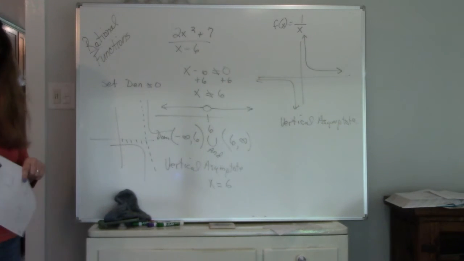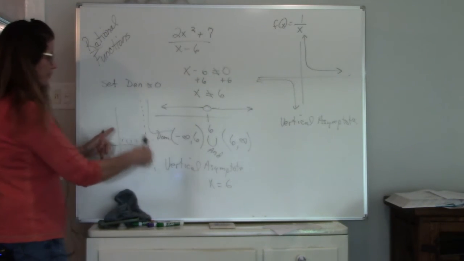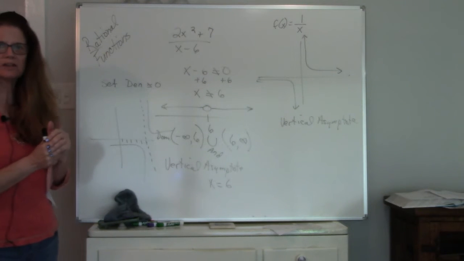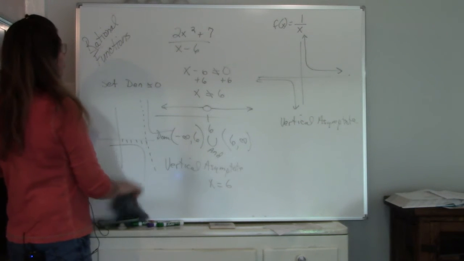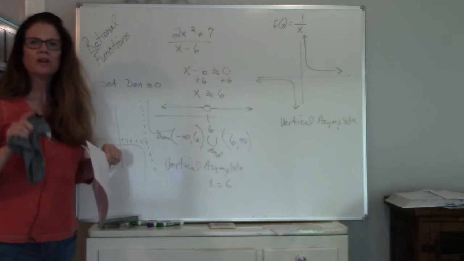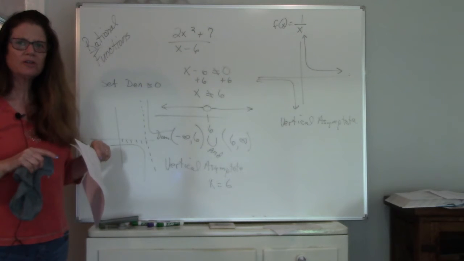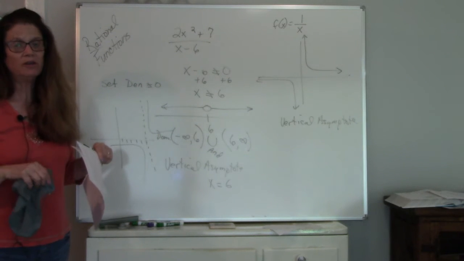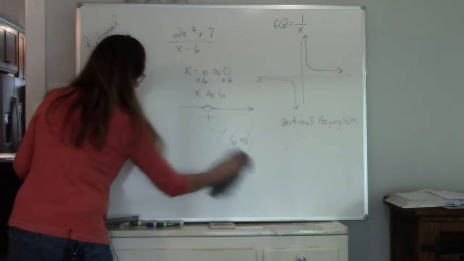Still the same basic shape, but it has been shifted over to where the vertical asymptote of x equals 6 now comes into play. All right? So when you're working with a rational expression, just remember you can't have 0 in the bottom. So you set the denominator to not equal 0, and you factor. Okay? So let me do a couple more examples.